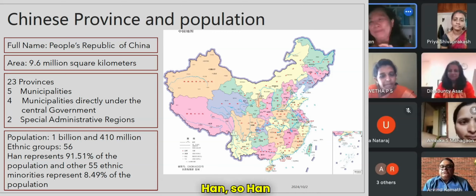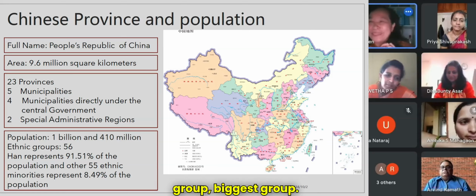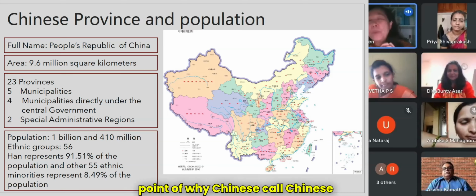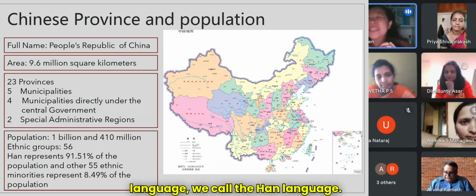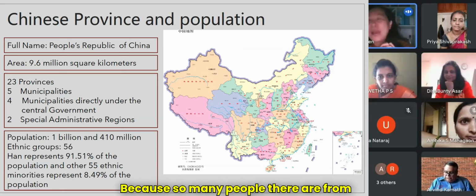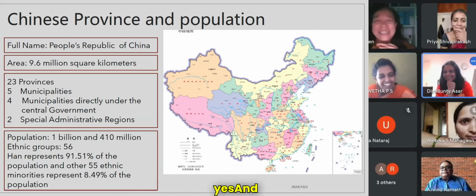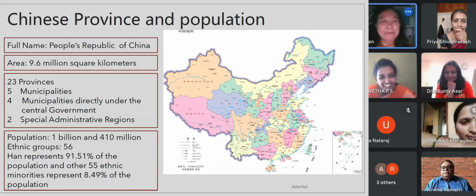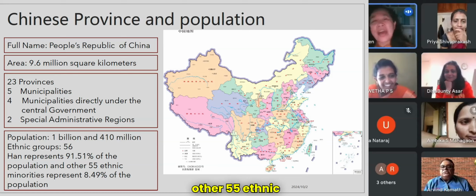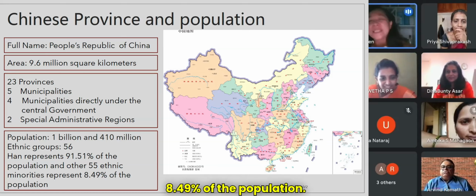So Han people are the biggest group. That's why the Chinese language is called the Han language, because so many people are from the majority. Yes. And the other 55 ethnic minorities represent only 8.49% of the population. Okay?